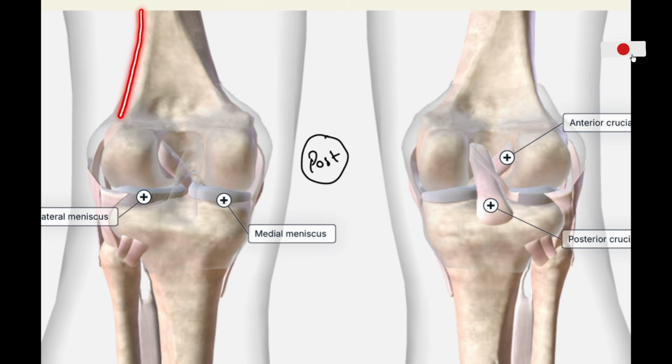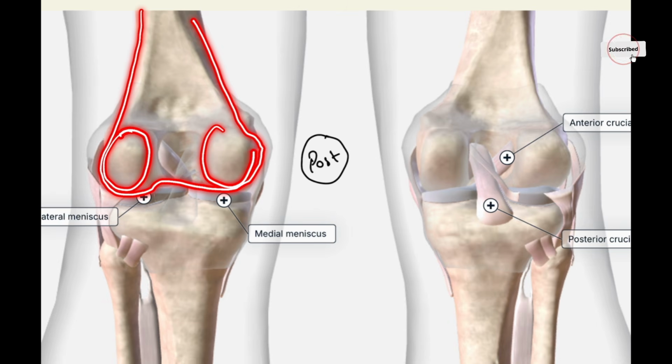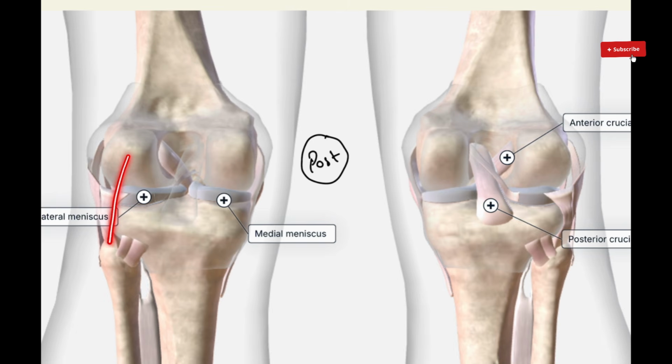First, just focus. As you can see, this is the distal femur. This is the lateral condyle, and this is the medial condyle. Why lateral? Because the fibula is present on this aspect, and this is your medial femoral condyle. So let me mention it.